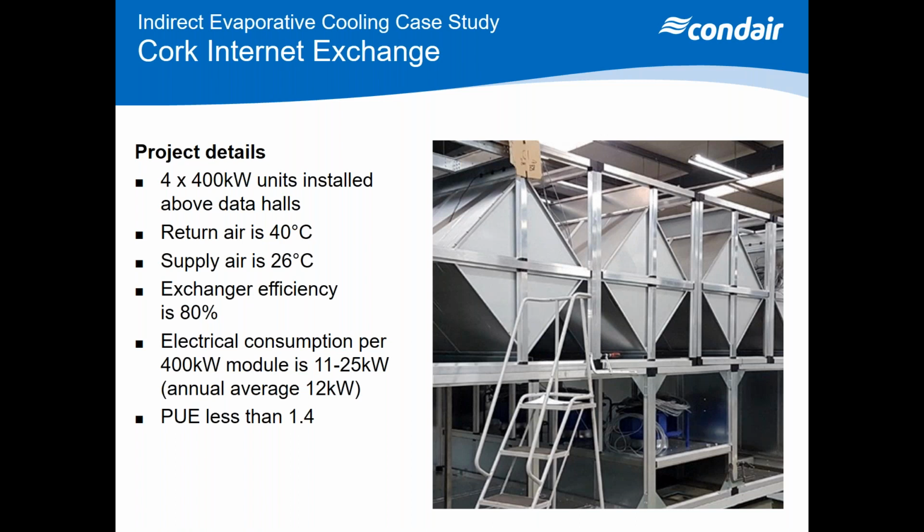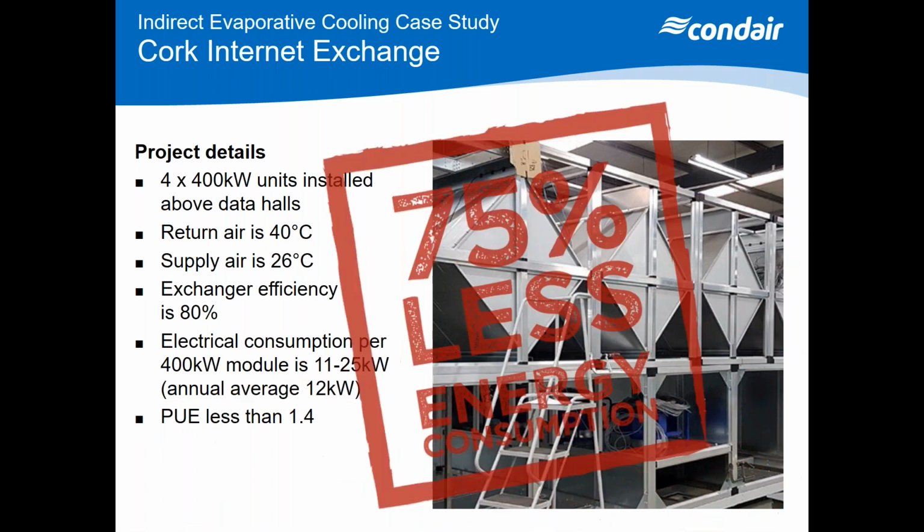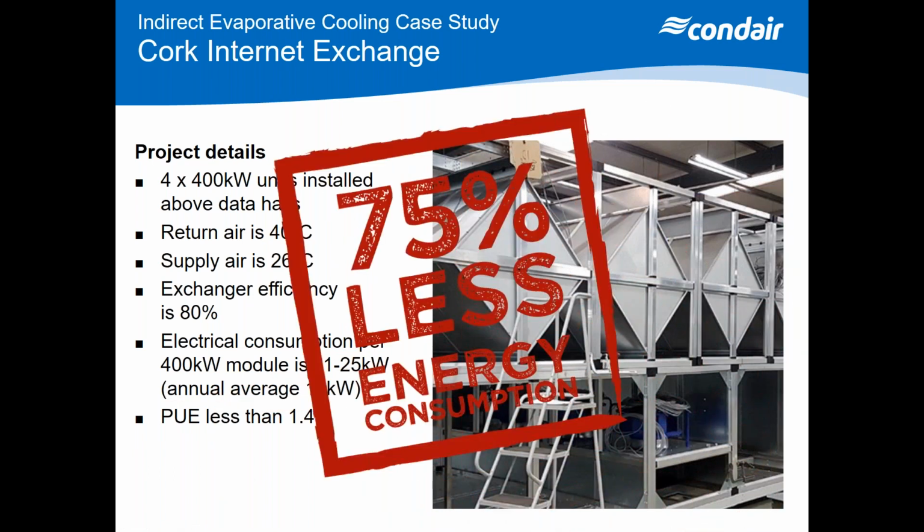So that gave a power utilization efficiency of less than 1.4. There was a huge amount of savings when we compare that against the legacy equipment that was providing the cooling for the application. And in fact, the energy was reduced by 75% in this application. Again, enormous amount of energy saved. Again, by using indirect evaporative cooling.